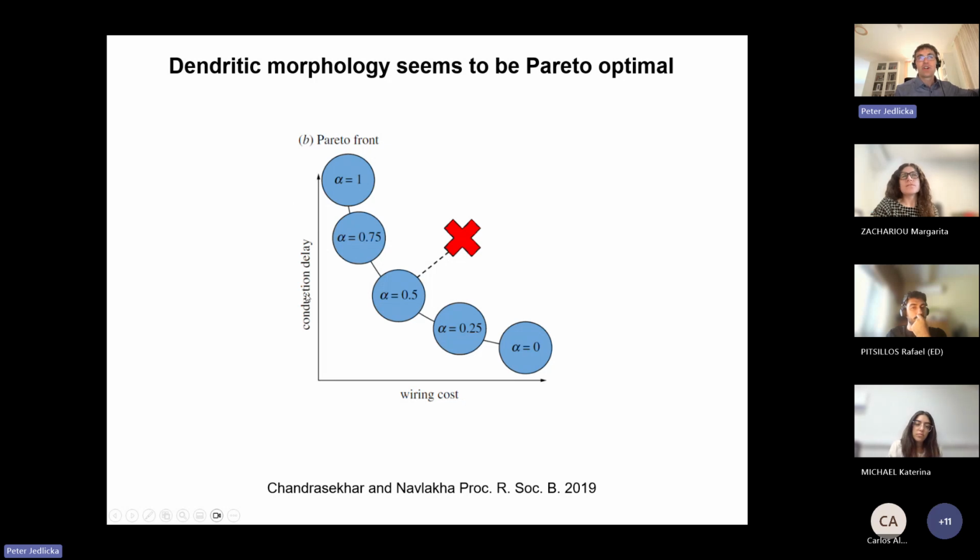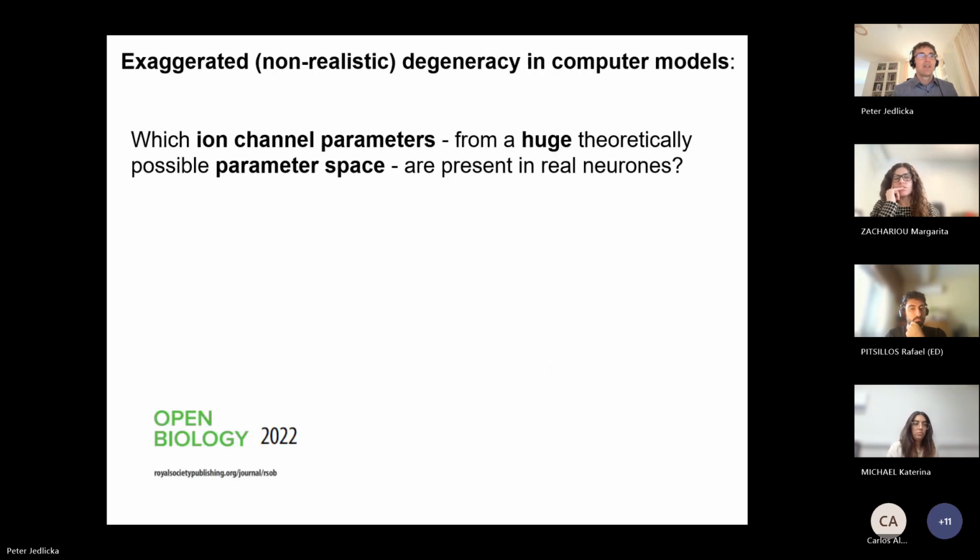The y-axis is the conduction delay, that would be the path length, and they seem to occupy the Pareto front. But this is still not completely nailed down, because in this paper they did not generate the control group of morphologies very carefully, so this still has to be clarified, but it looks like even the morphology might be Pareto optimal for these two costs.